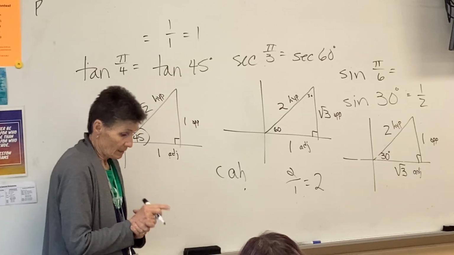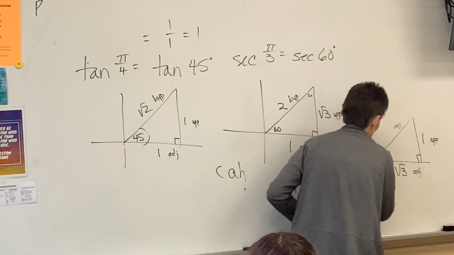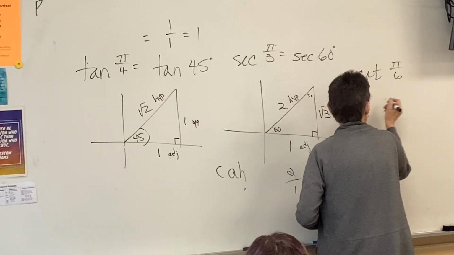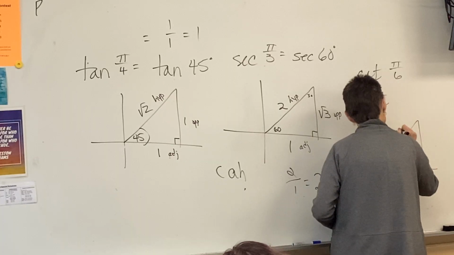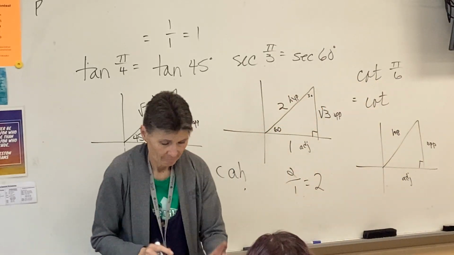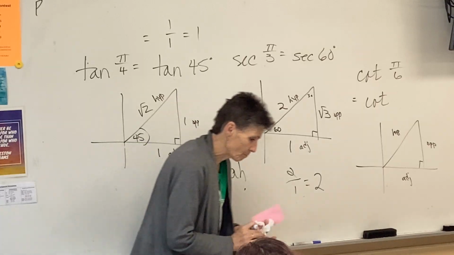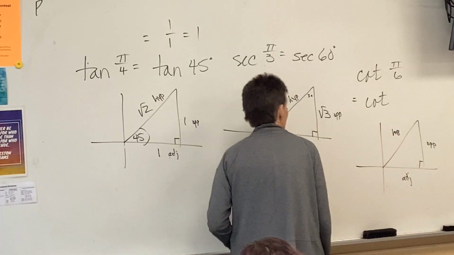Are you ready to try one on your own? Yep. Let's give D a shot. Find the cotangent of pi over 6. What was your degree measure?